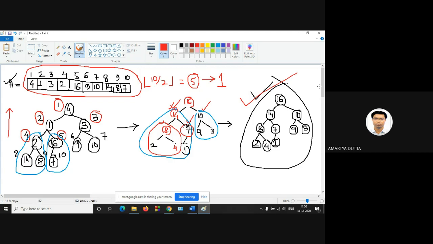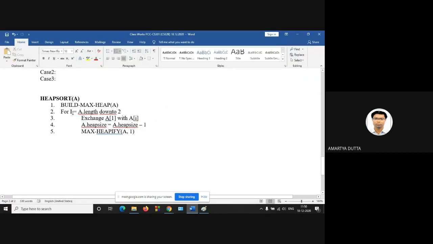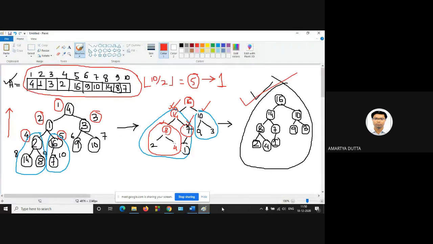You have to create the heap. Okay. Yes, sir. Next, for i equal to A dot length down to 2, index number 2.